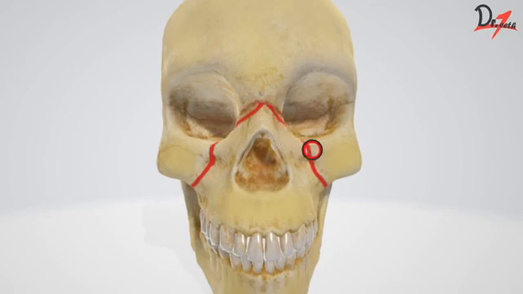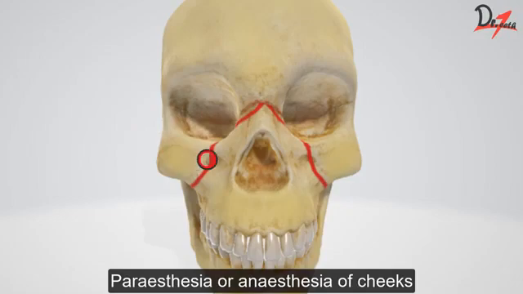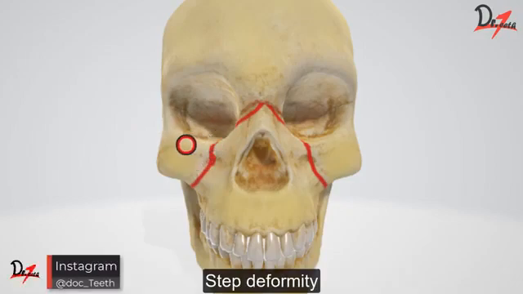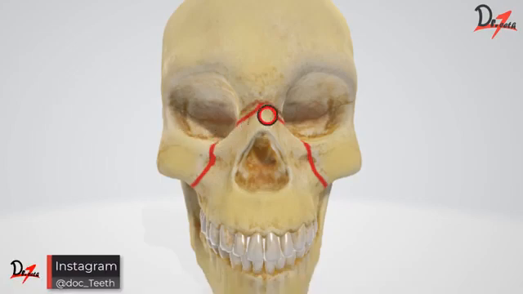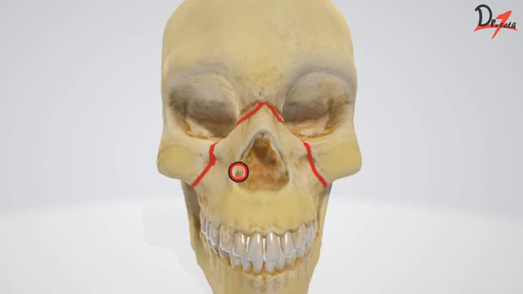If we have injury of the infraorbital nerve, there can be paresthesia of the cheek. There can be step formation or step deformity at the infraorbital rim or the nasofrontal junction. Now imagine a blow at the nasal level. In such a situation, the whole maxilla can be pushed backwards posteriorly. That is the retropositioning.